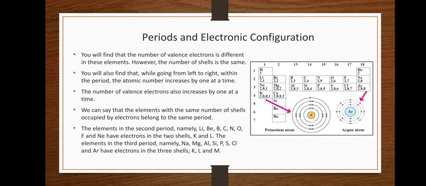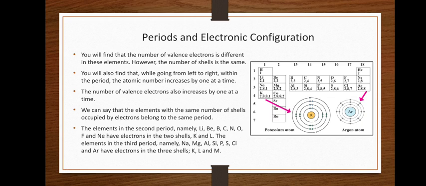Now let's see periods and electronic configuration. You will find that the number of valence electrons is different in these elements. However, the number of shells is the same. You will also find that while going from left to right within the period, the atomic number increases by 1 at a time.